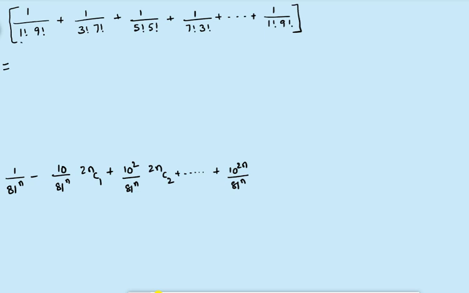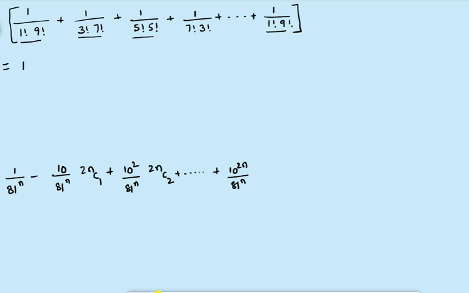1 by 1 factorial into 9 factorial, 1 by 3 factorial into 7 factorial, 1 by 5 factorial into 5 factorial, plus and so on, plus 1 by 9 factorial into 1 factorial. Now what to do with this one?